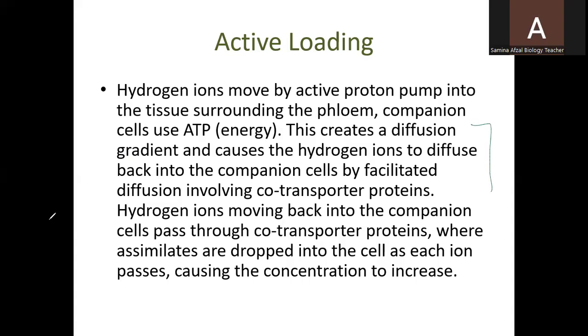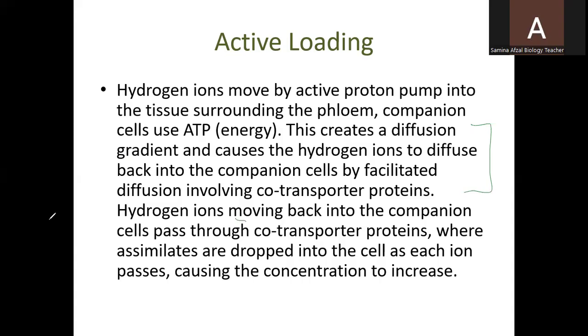Students, when the hydrogen ions move out of the companion cells by the active proton pumps, after their movement the concentration of hydrogen ions is increased outside the companion cells. So due to the concentration gradient, the hydrogen ions have to move back. But when they move back, they move by the process of facilitated diffusion, and in this process co-transporter proteins are involved.